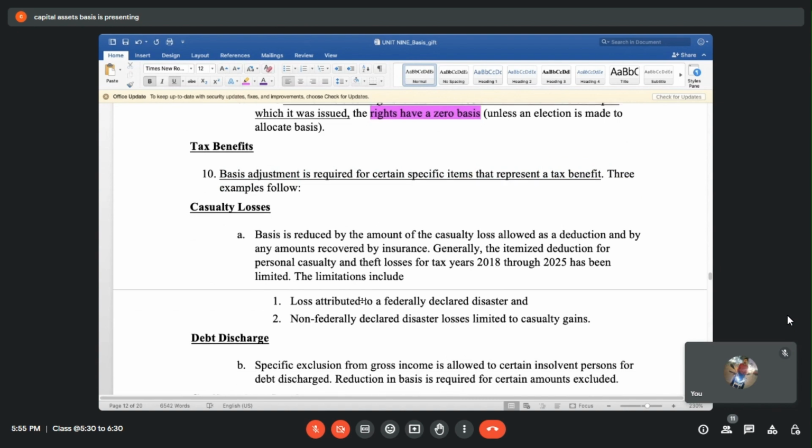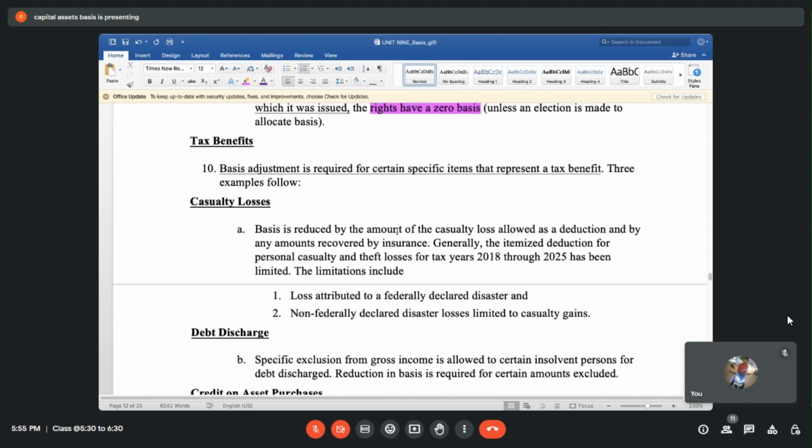Casualty losses, any kind of casualty, could be fire, theft. If there are losses, basically the amount which is not covered by insurance, we can adjust that amount, if you're getting a tax benefit on it. Casualty losses were deductible, but for a few years from 2018 through 2025 they have limited the deduction to casualty gains.